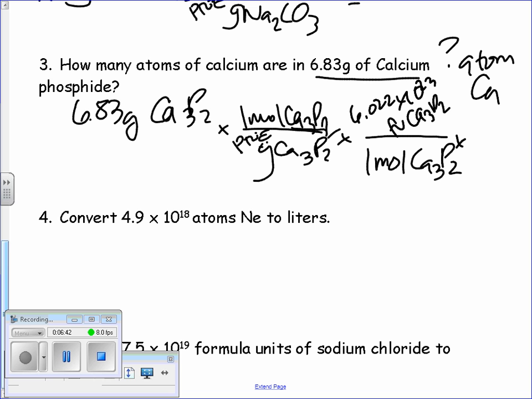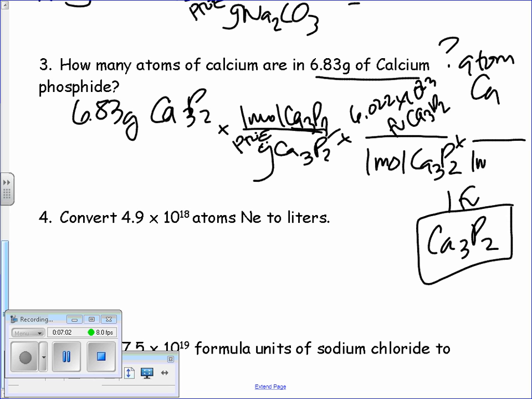Okay, so now I have my big bowl. Now I pick out 1 formula unit. Look at it really closely. How many atoms of calcium are in that formula unit? What does 1 formula unit look like? It looks like this. That is 1 formula unit. There are 3 atoms of calcium. Good.